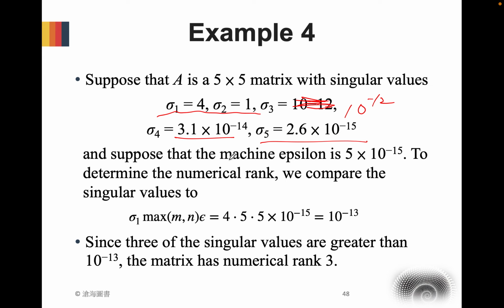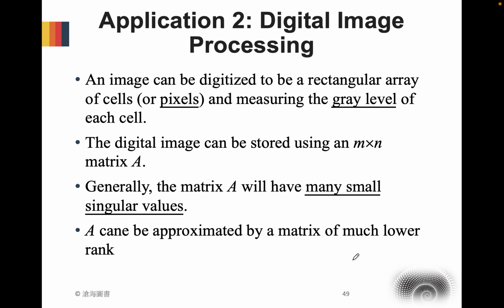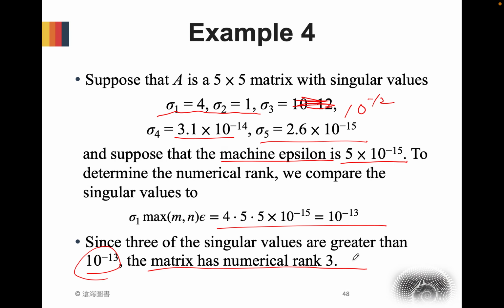And suppose the machine epsilon, we manually define it as 5 times this value. To determine the numerical rank, we compare the singular value to this value. Okay, and since 3 of the singular values are greater than this value, then the matrix has numerical rank 3. So we said the numerical rank of this matrix is 3.